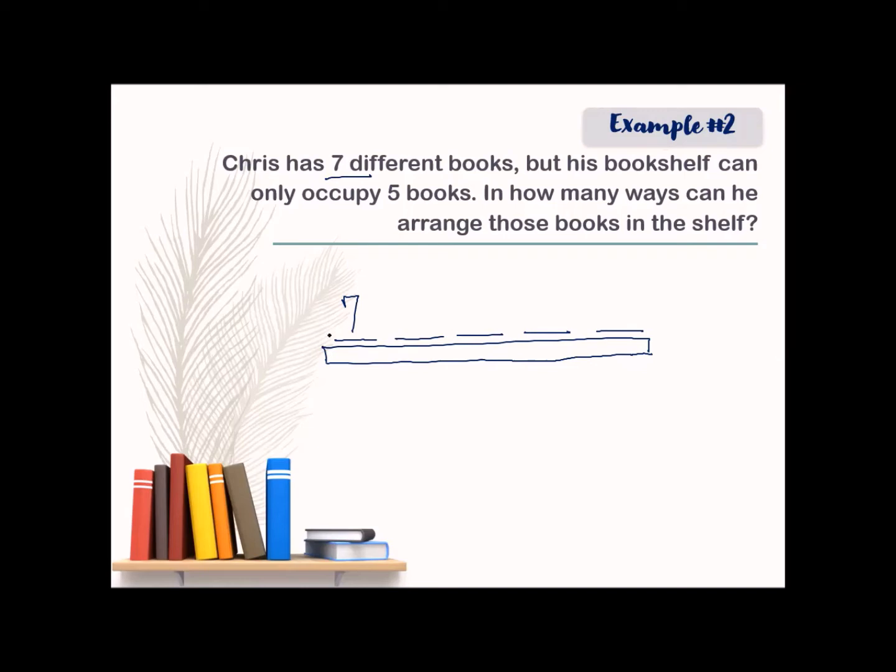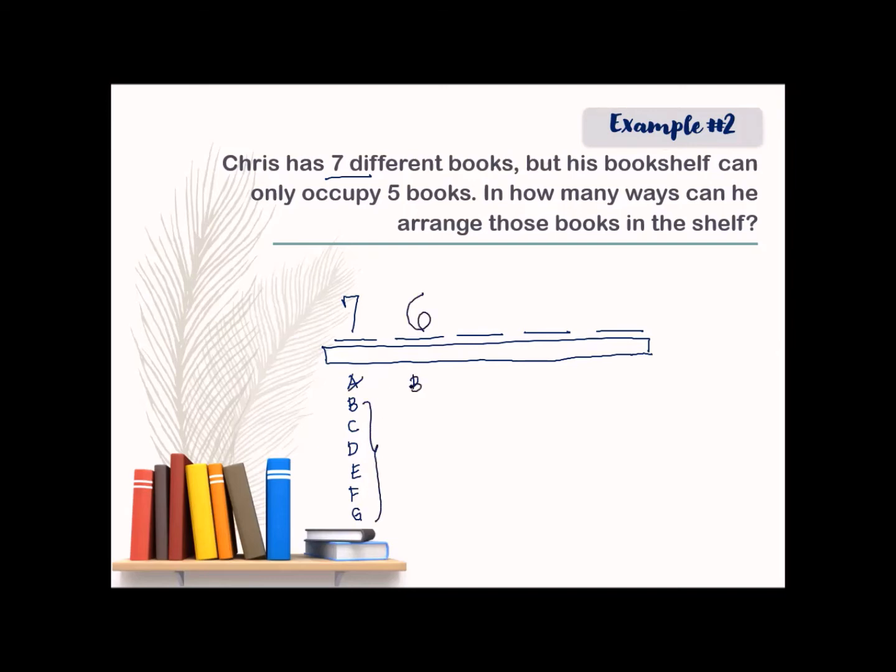So, let's say nakapag lagay ka na dyan. Okay? So, para mas malinaw, halimbawa, we have book A, book B, C, D, E, F, and G. So, we have 7 different books here. So, halimbawa, nakapili ka na ng isa. So, tanggalin natin yung isa. Ilan na lang ang natitira? So, we only have 6.